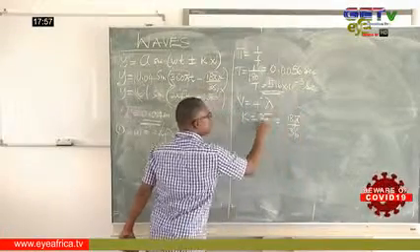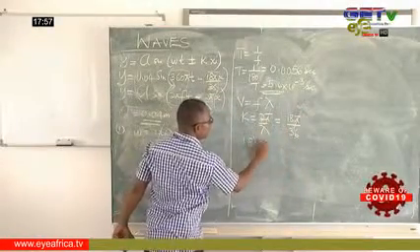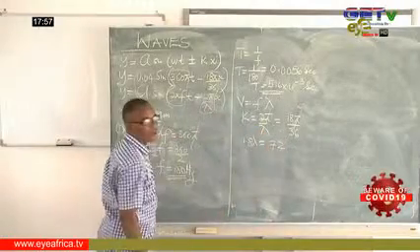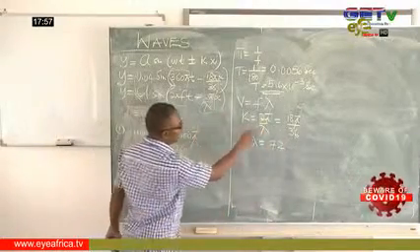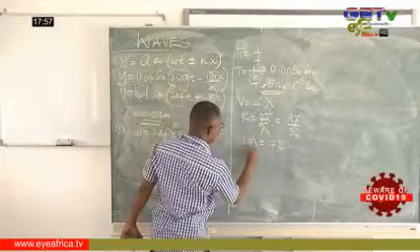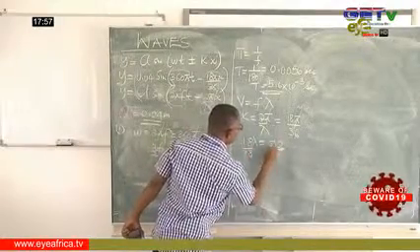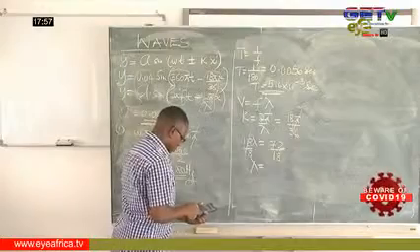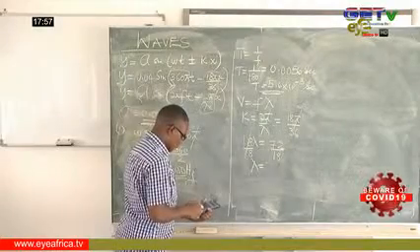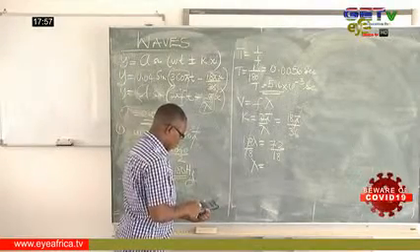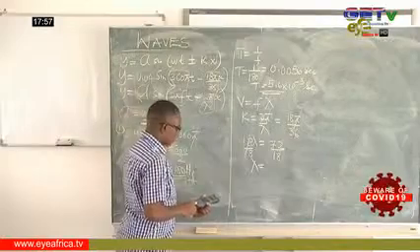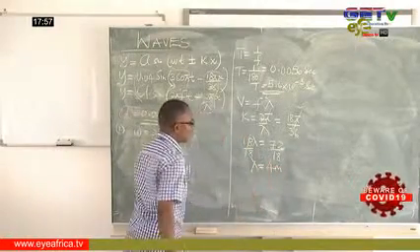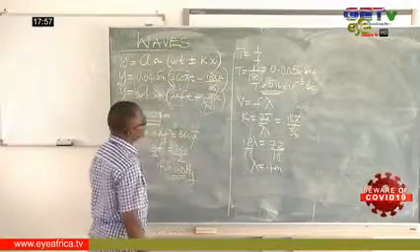The pi vanishes with pi, so 18 lambda is equal to 72. I cross multiply, so lambda is 72 divided by 18, which is 4 meters.